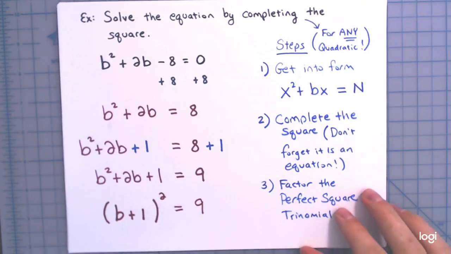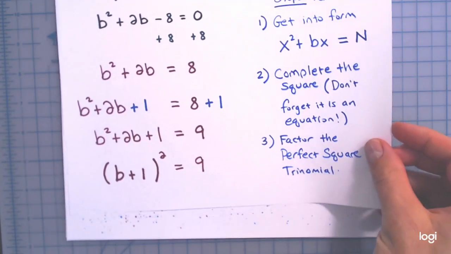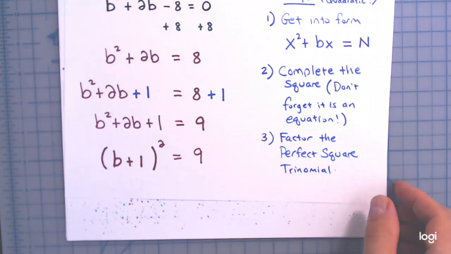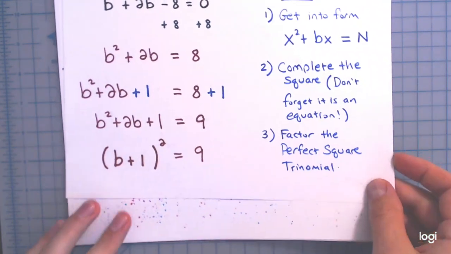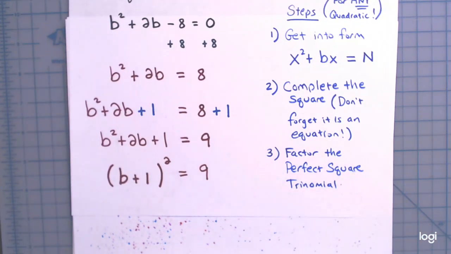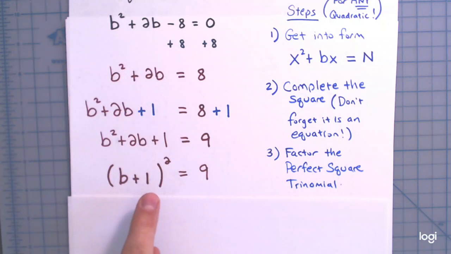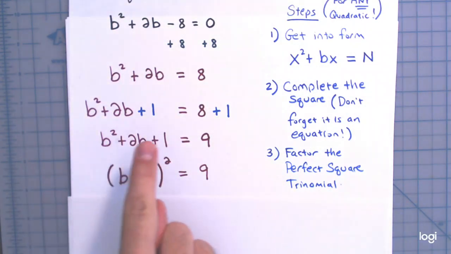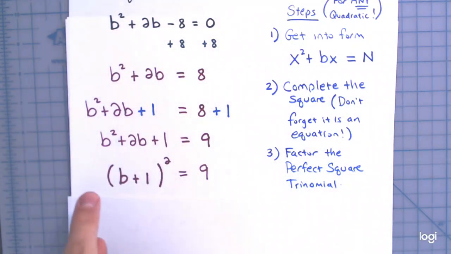Now I have exactly what we saw way back when in the video on the square root property. I did put up a video on solving quadratic equations with the square root property. See what I have here? I have a variable inside a square, right? This b is part of the base on this square, and there's no variable outside that square.